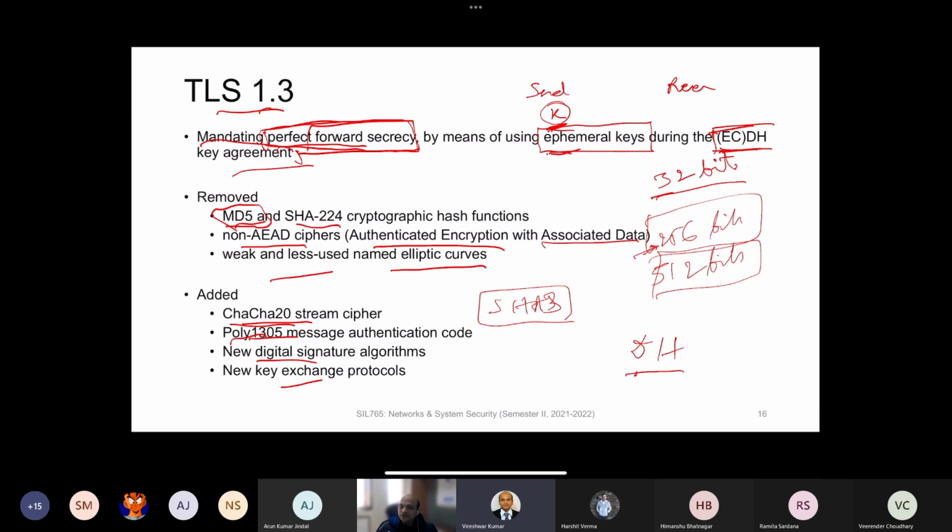So the keys will be utilized for a very small time and then they will be refreshed. And how will you refresh? There are many different mechanisms of refreshing the keys, and one typical mechanism will be that you just utilize again the ECDH key agreement protocol to generate new keys.